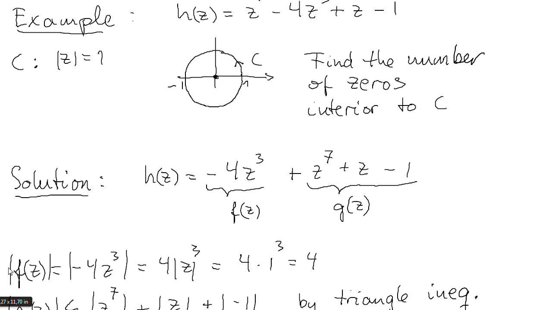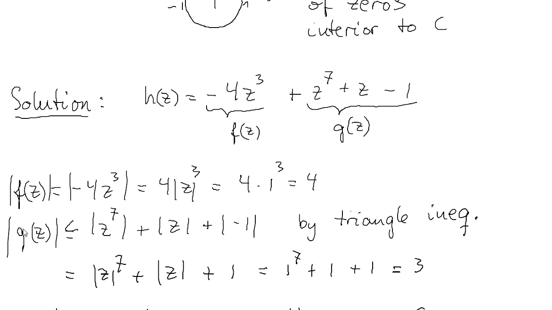But let us now check the absolute value of this function. It's the absolute value of minus 4z squared, which is equal to 4 times the absolute value of z to the power of 3, and we know that the absolute value of z is equal to 1 on the circle, so we know that the absolute value of f of z is equal to 4 for every z on the circle.